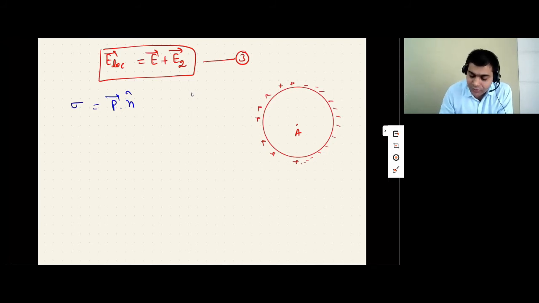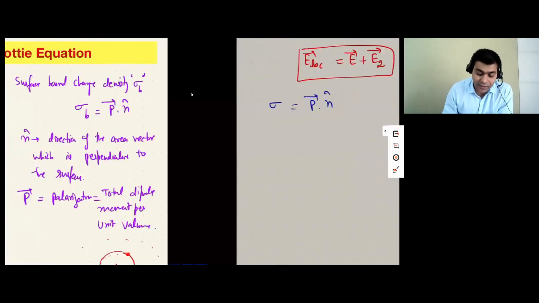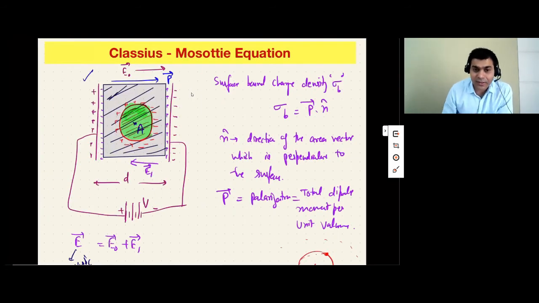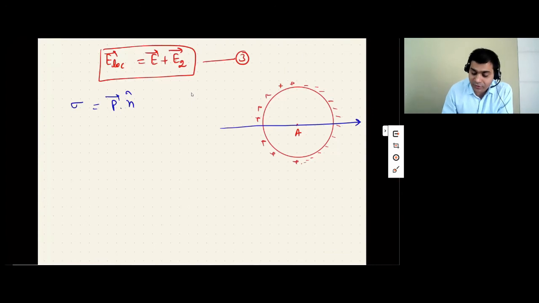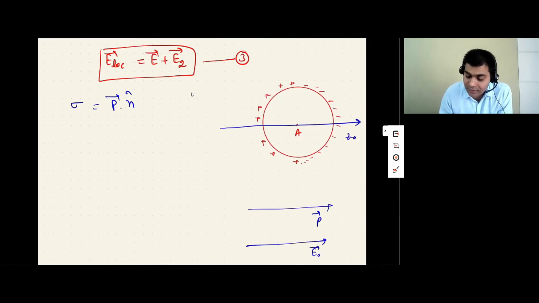Suppose I choose this direction, which was the direction of E0 in my original picture. P is also in this direction, and E0 is also in this direction. So I choose the direction to be the Z axis, and I take a small area element, let's say d omega, at an angle theta from the Z axis. Let's say this is d theta here.